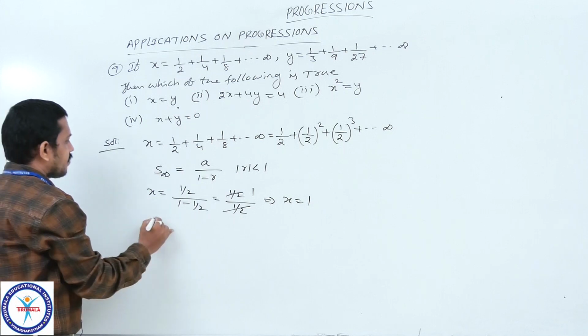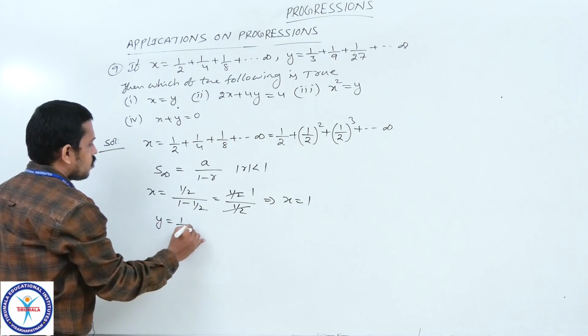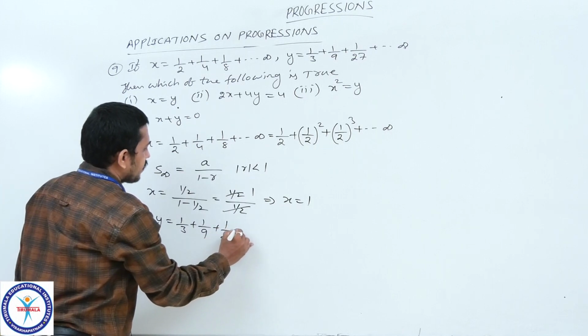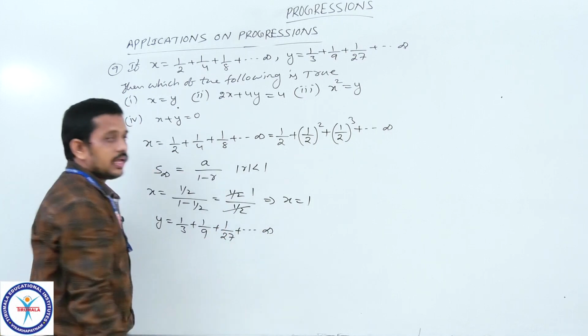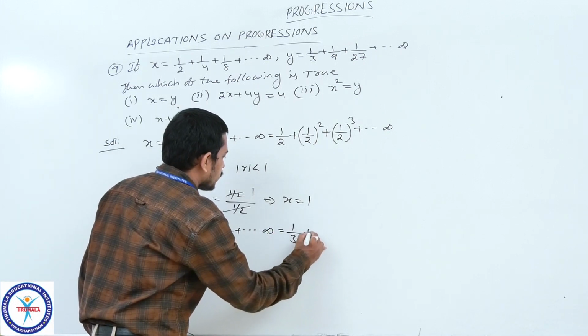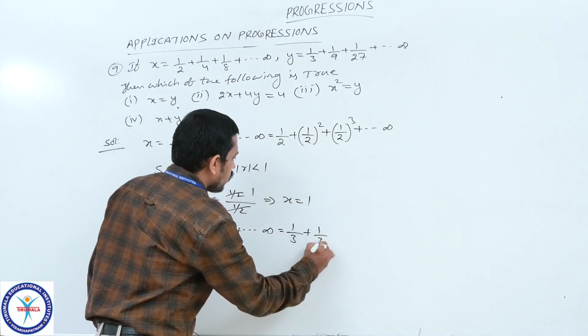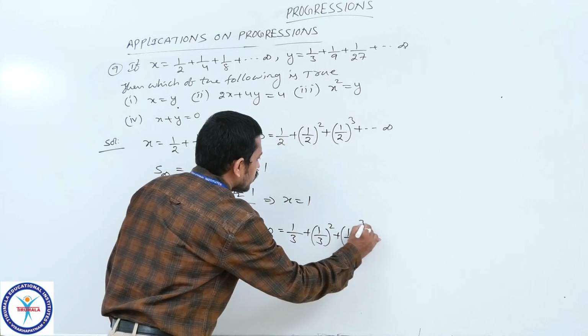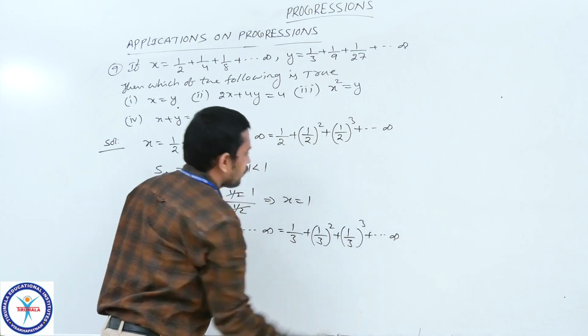Now consider the second value y. y is equal to 1 by 3 plus 1 by 9 plus 1 by 27 plus and so on to infinity. So this is equal to 1 by 3 plus (1 by 3) whole square plus (1 by 3) whole cube plus and so on to infinity.